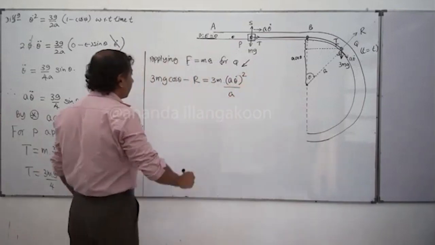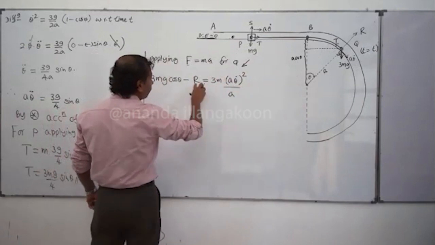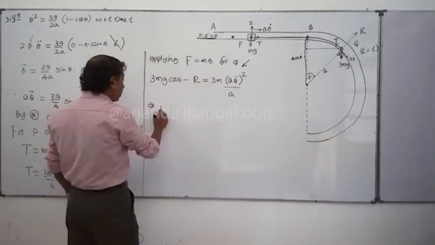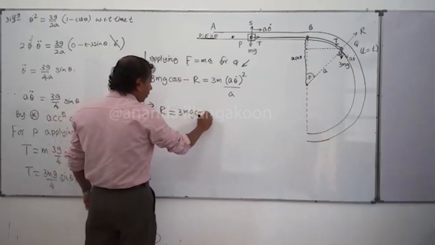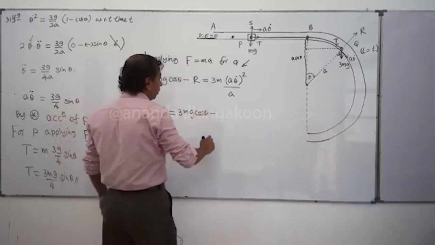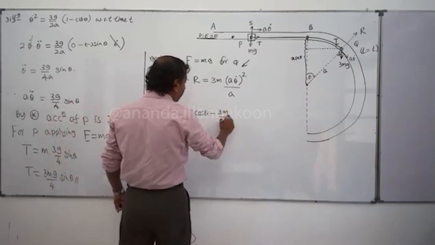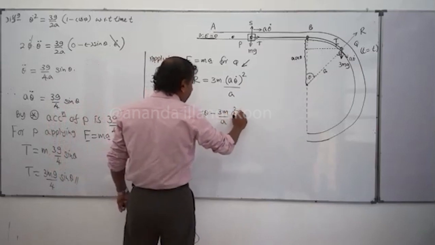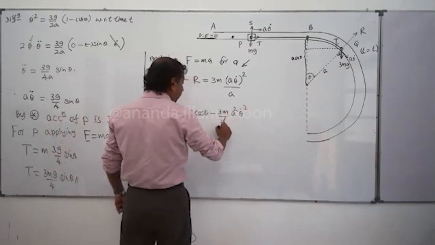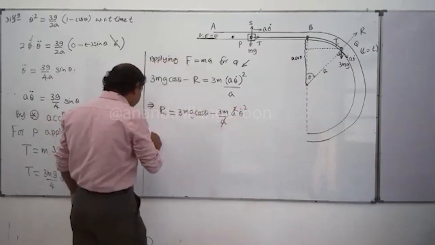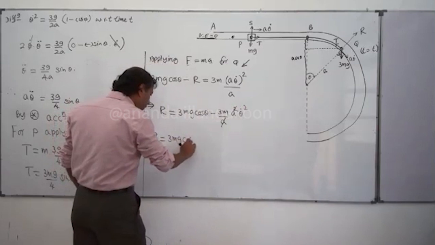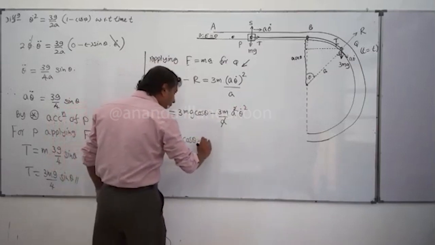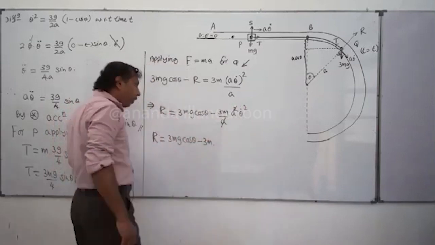Now making R the subject, we take the right-hand side and bring it across. This gives R is equal to 3mg cos theta minus 3m upon a times a squared theta dot squared. This and this you can cancel down. R is equal to 3mg cos theta minus 3m a theta dot squared.